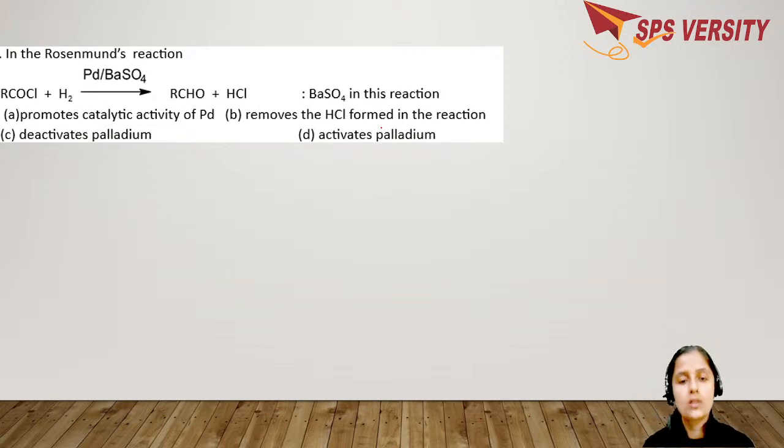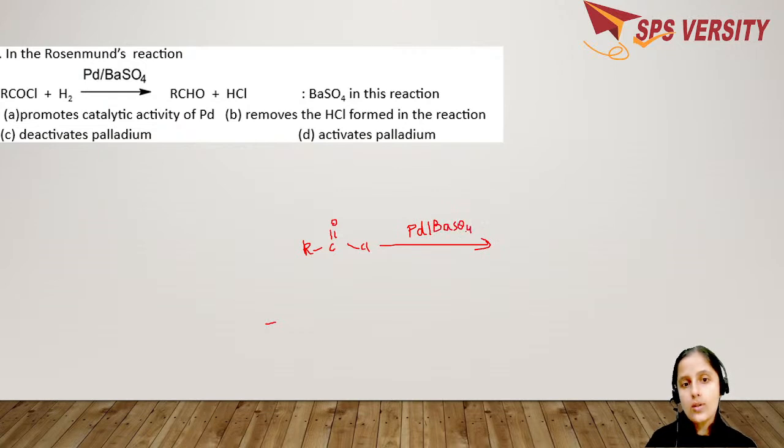Yeah, we'll go ahead with this. When this is reduced, RCO, in the place of Cl, what you are going to get is H.